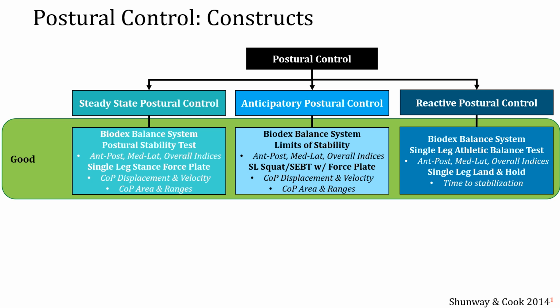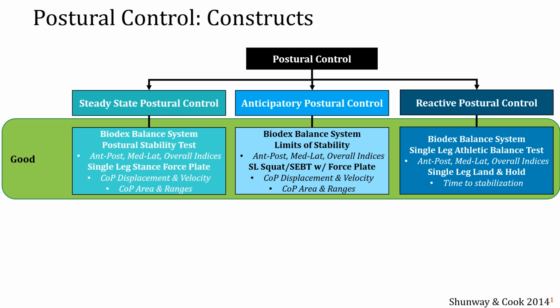For the force plate, single leg stance, force plate for the steady state postural control, single leg squat or the star excursion balance test with or without force plates would be recommended for your anticipatory. And then we also have our single leg land and hold and time to stabilization for the reactive component if we're utilizing force plates.